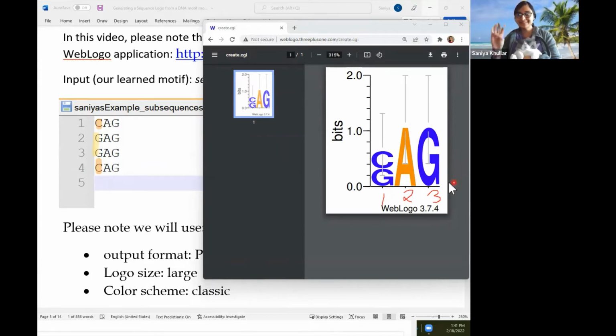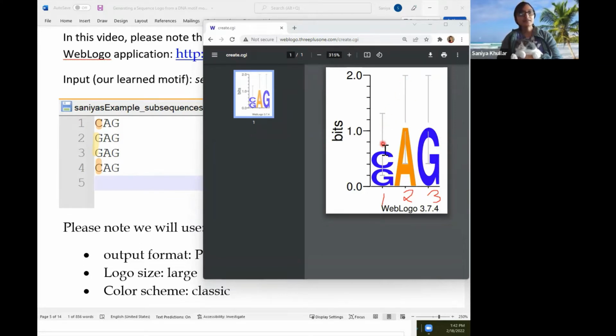So 4 is a relatively small size, which is why I'll be showing you a larger example. But all 4 out of 4 in the second position had an A, so that's the maximum height. And in the third position, there was a G, so that was the maximum height too. The key idea you see is that these heights are the same.